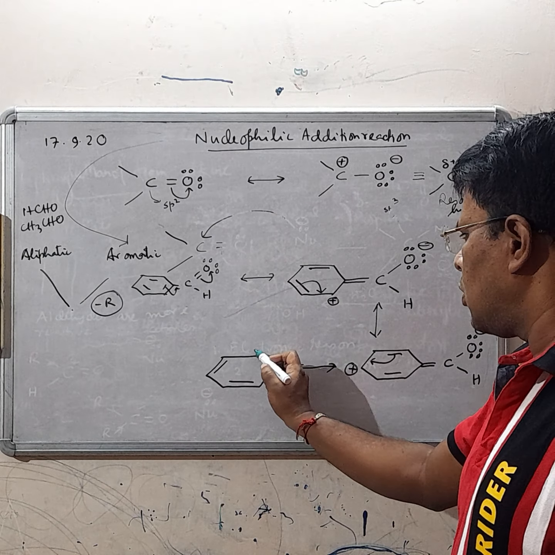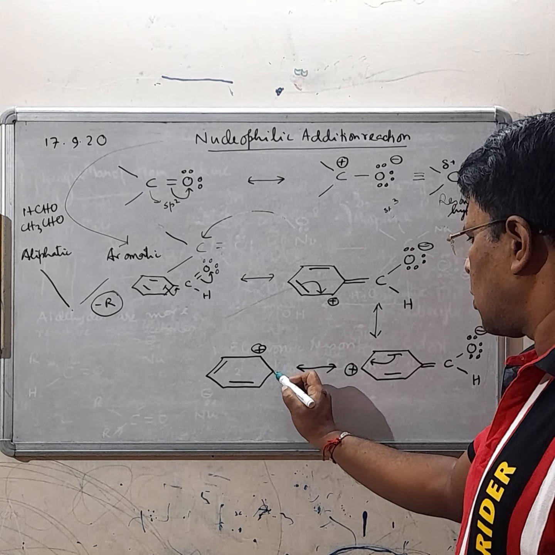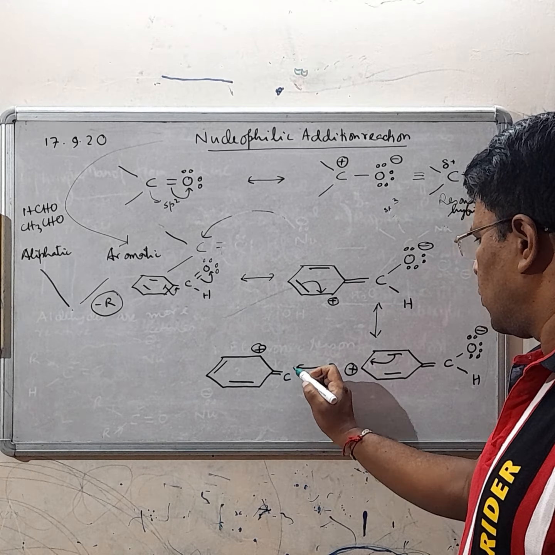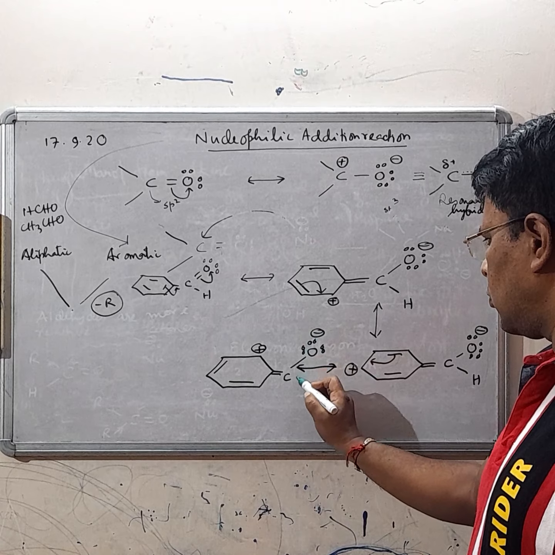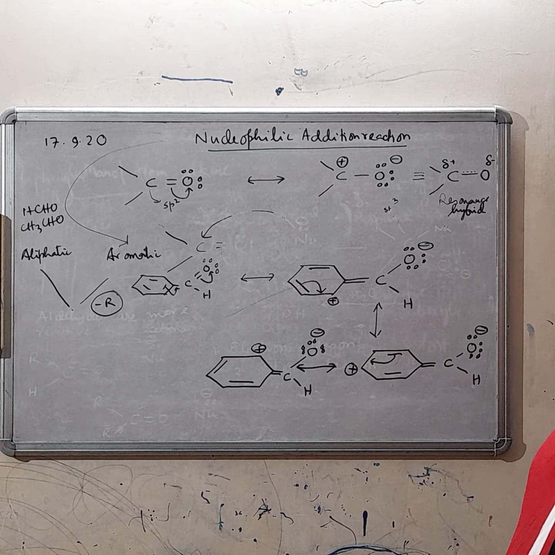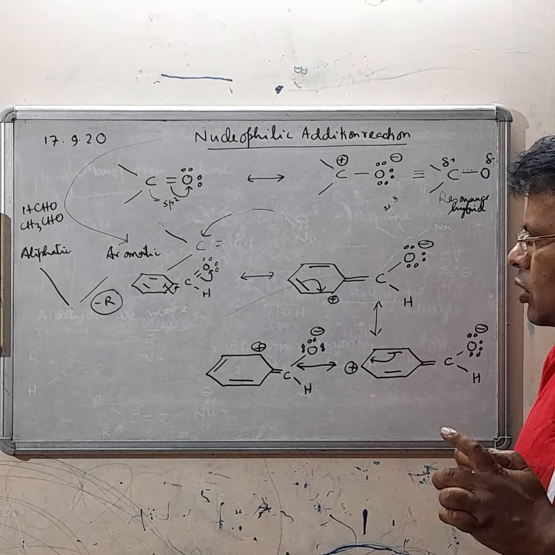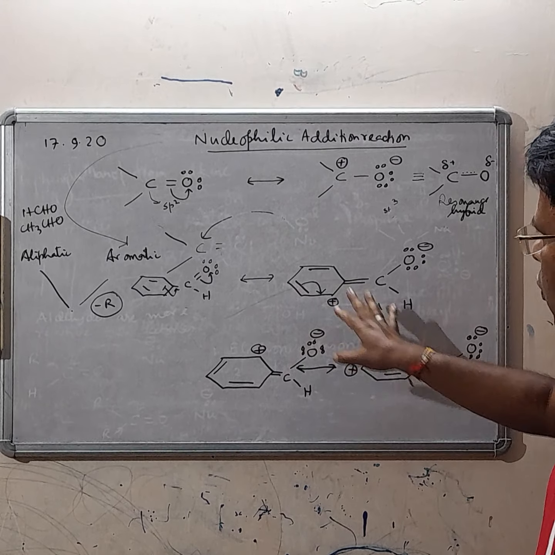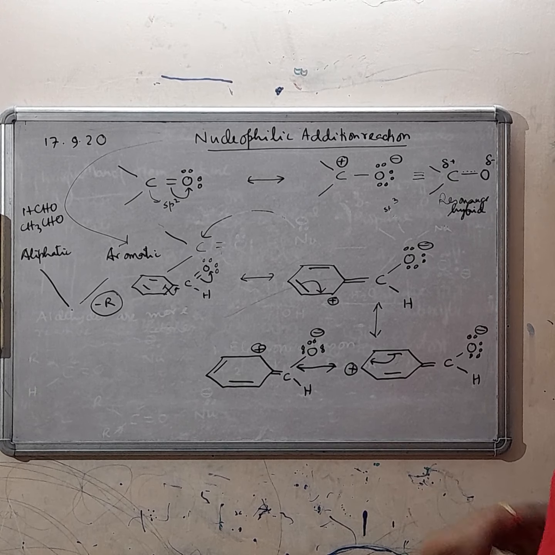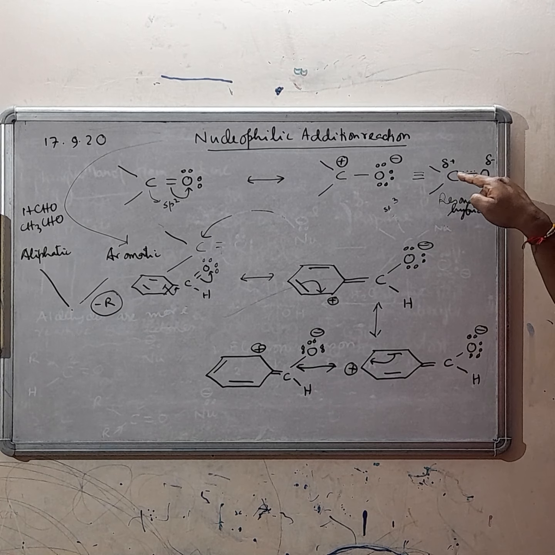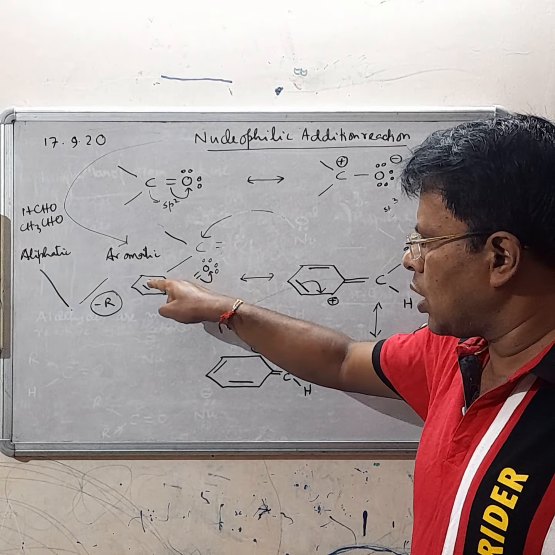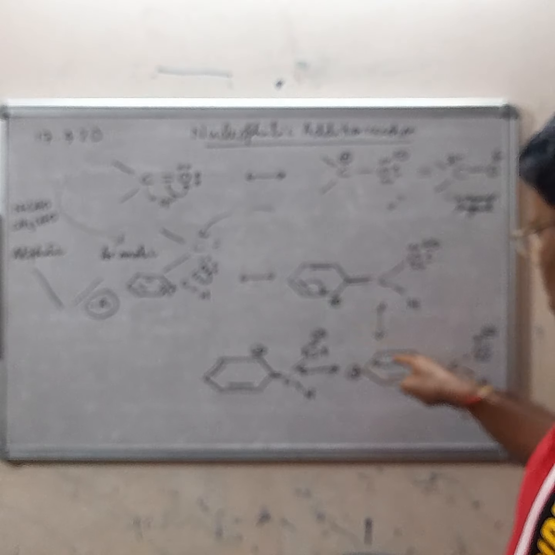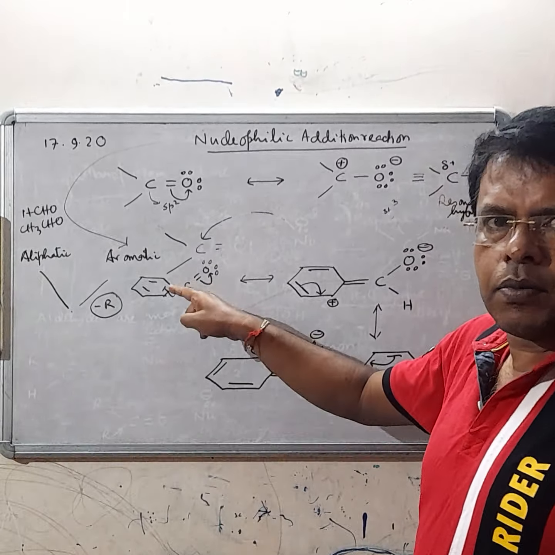Then a positive charge will be developed at this place. So these are the resonance structures, and due to this resonance, you can see the positive charge which is on the carbon here is going to the ring carbon atom.